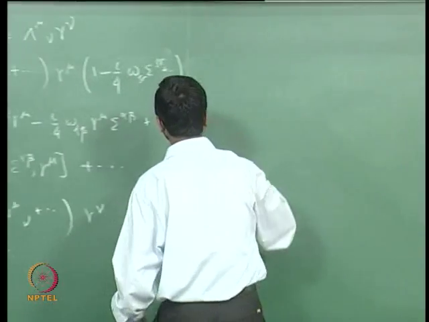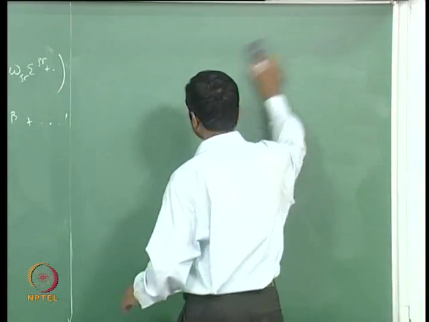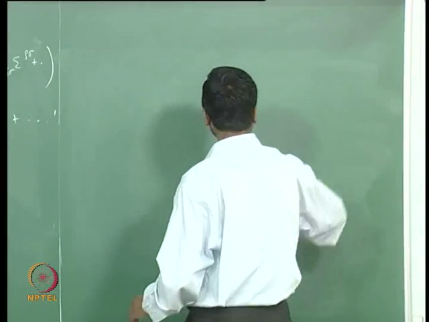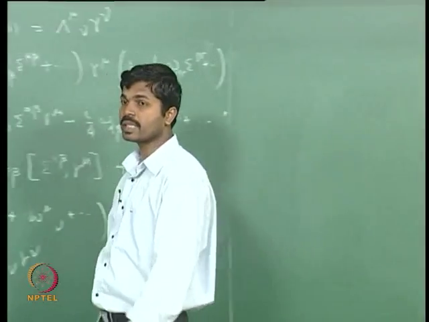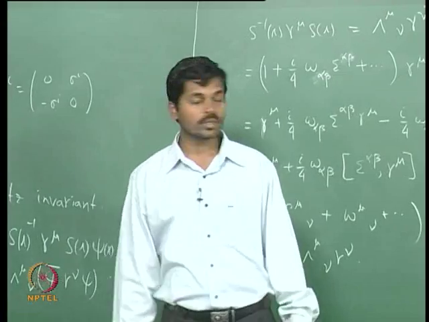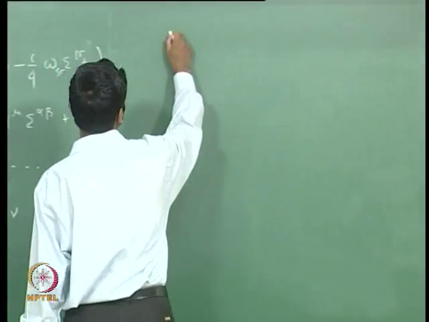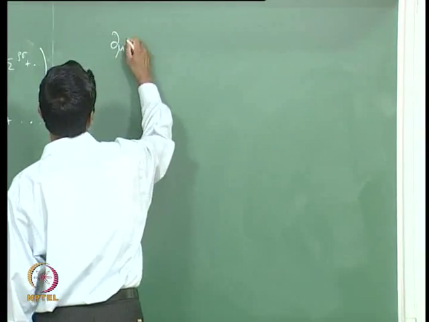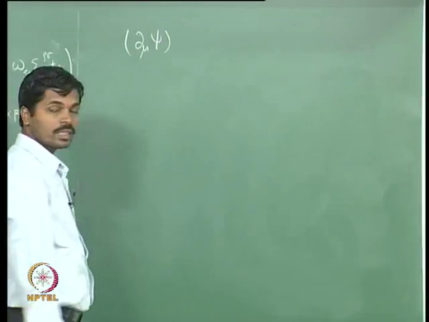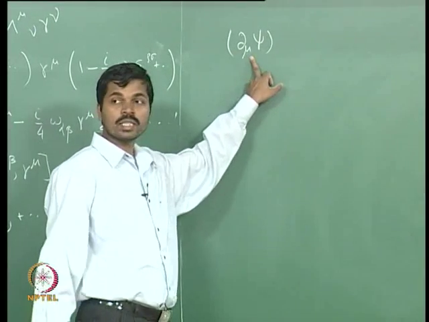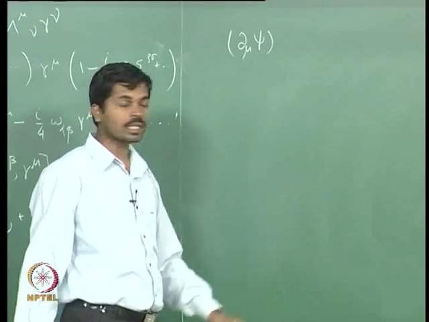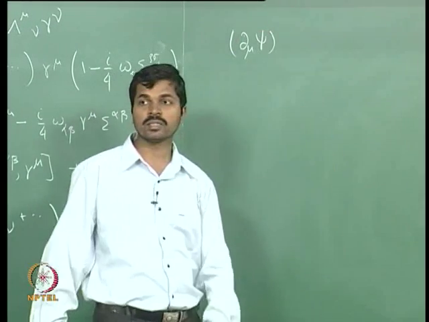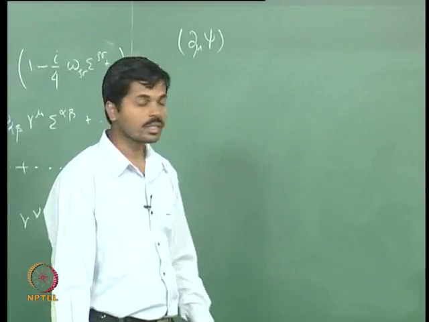What we are interested in is constructing a Lorentz invariant Lagrangian density. So, this should involve psi and its derivatives. You can try to construct a Lorentz invariant Lagrangian density which is quadratic in del mu psi, but it turns out that any such Lagrangian which is quadratic in del mu psi gives you various unphysical features.